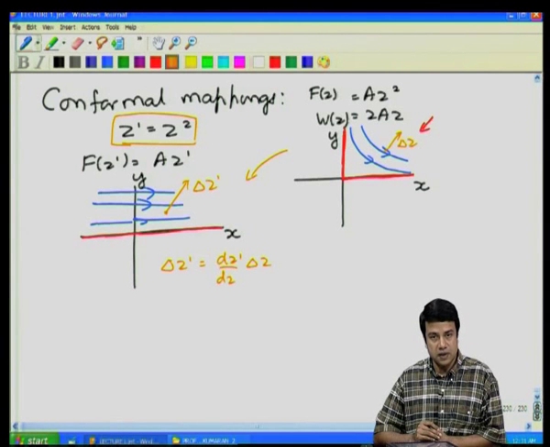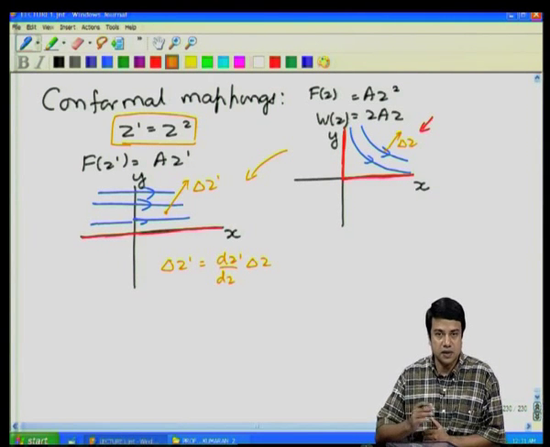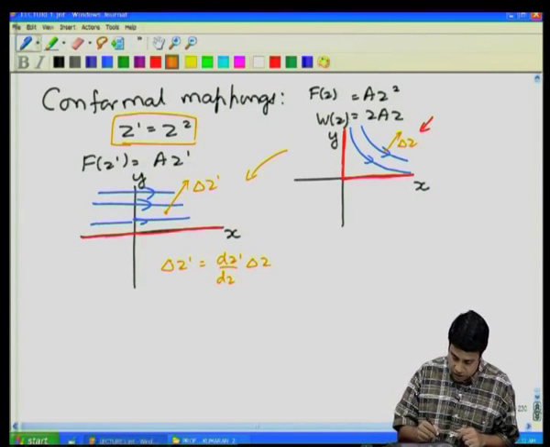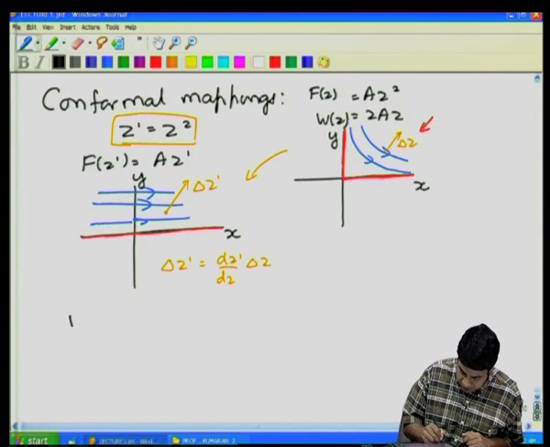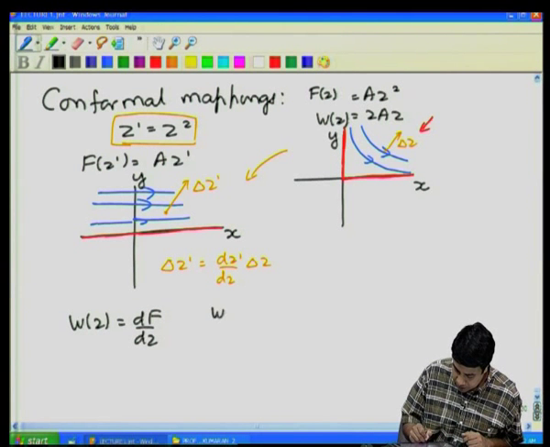How about the velocities? We know that the potentials are exactly the same. So, I know that w of z is equal to df by dz, and w of z prime is equal to df by dz prime.